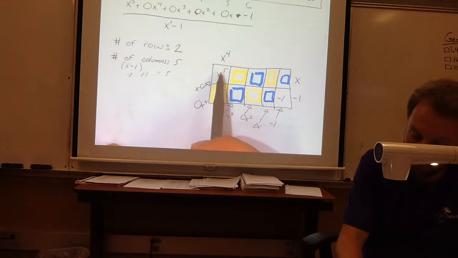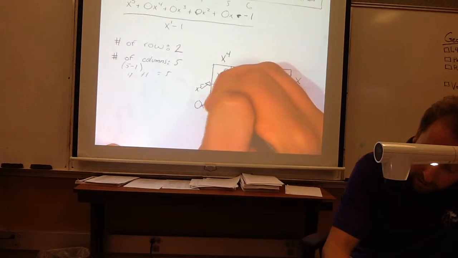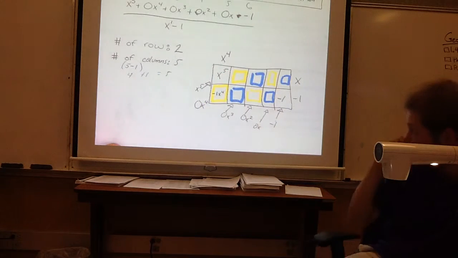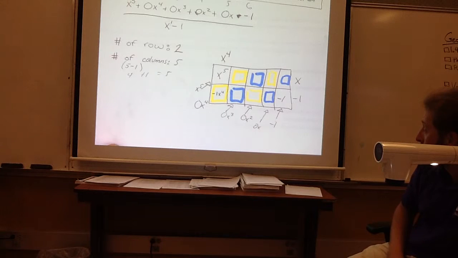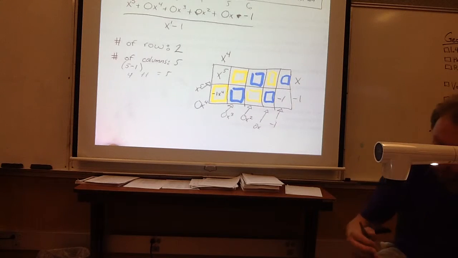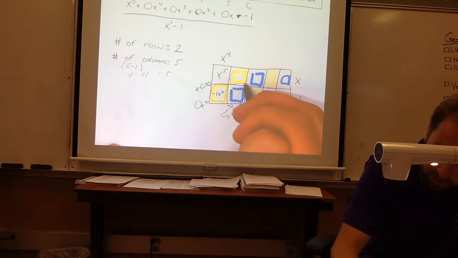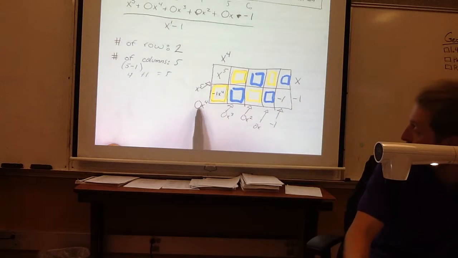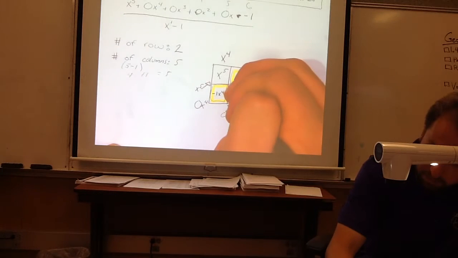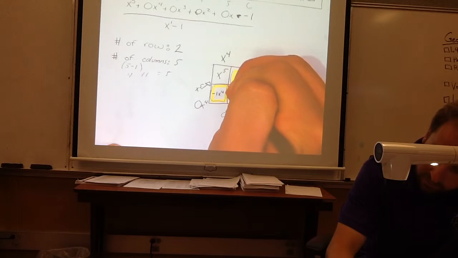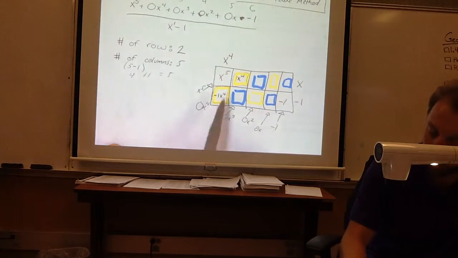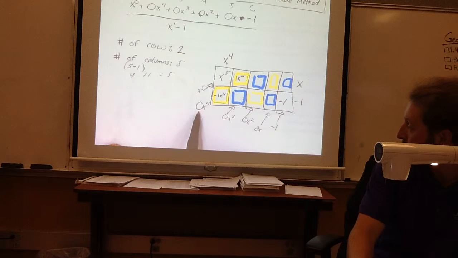If this is x to the 4th, then this is going to be -1 x to the fourth. And like we said, this box here and this box here have to add to 0x to the fourth. This must mean that this is x to the fourth, right? 1x to the fourth minus 1x to the fourth is 0.